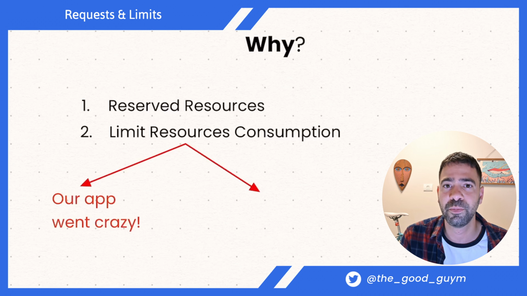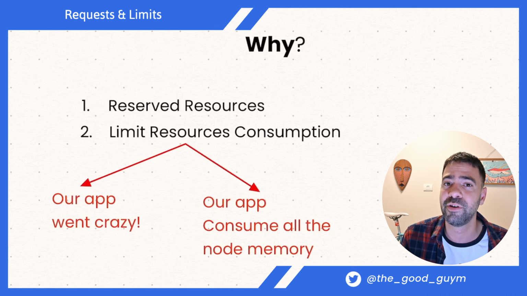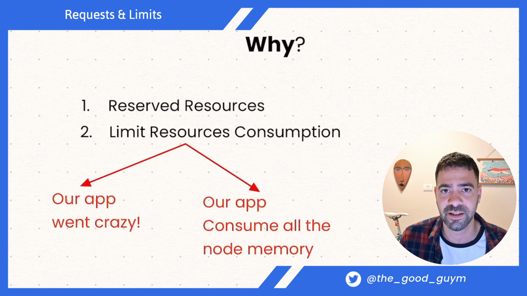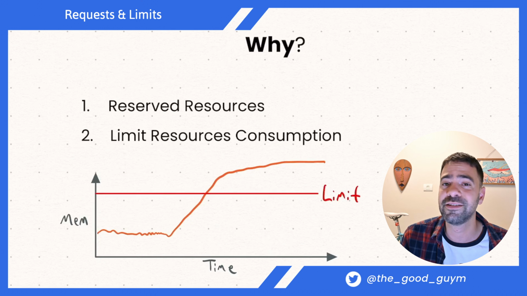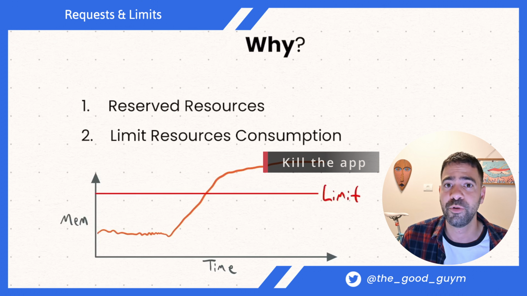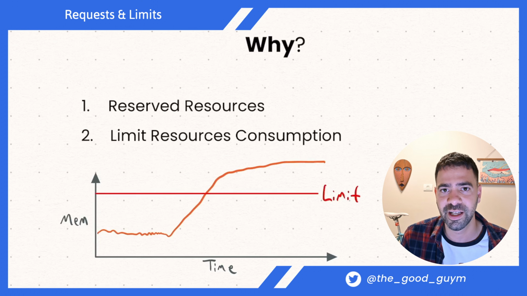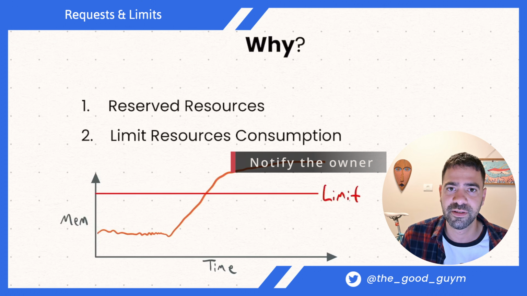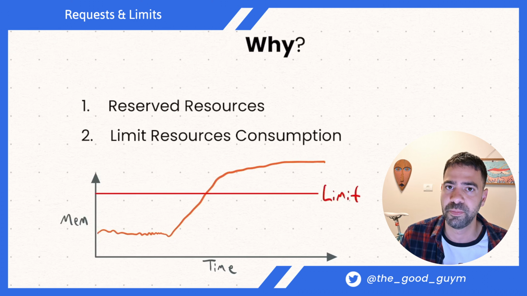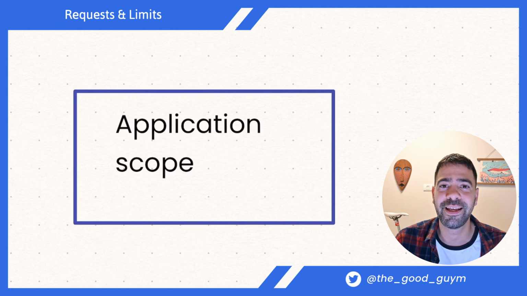And second of all, it means that we may impact other applications within this node. So we want to have a maximum limit for the application, and if it goes beyond it, we need to make sure that we kill it. And we signal to the developer, or to yourself, that this application consumes too much memory or too much CPU. From the application perspective, the minimum and maximum requirements are enough to run.